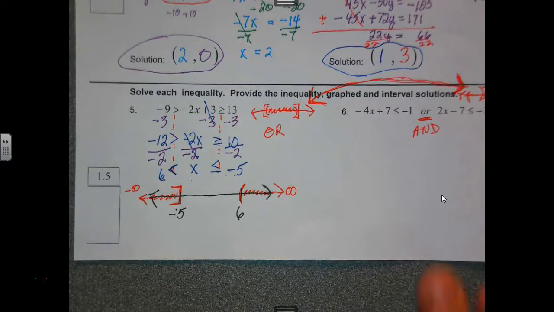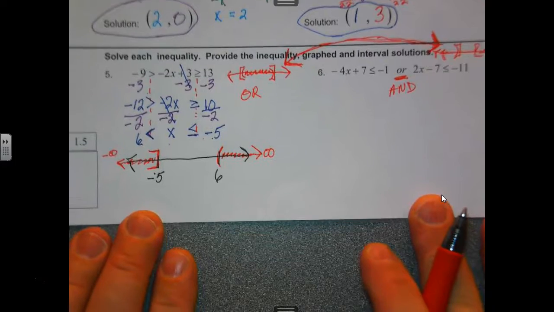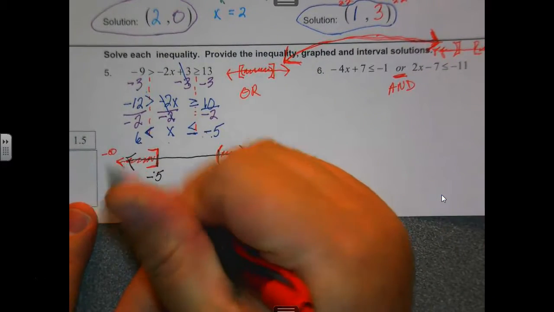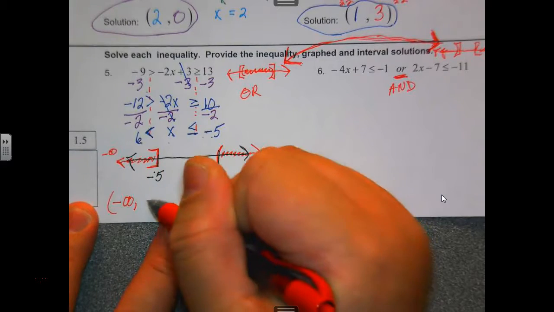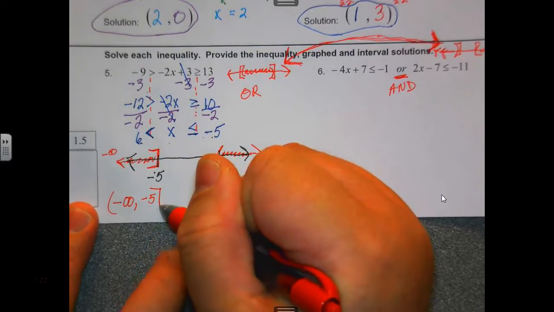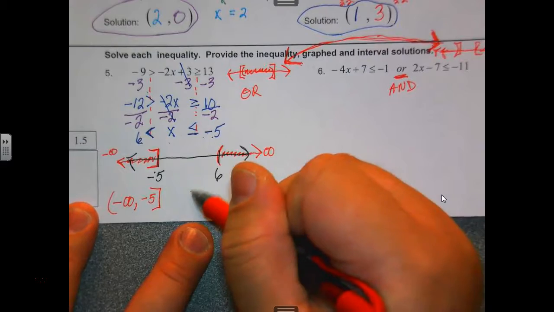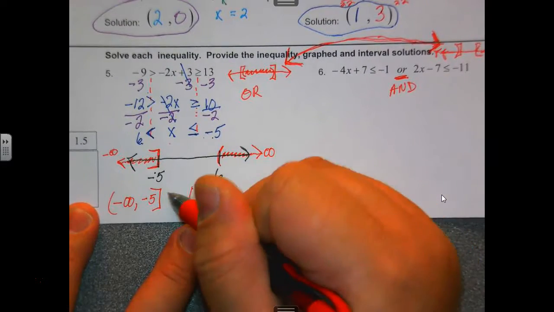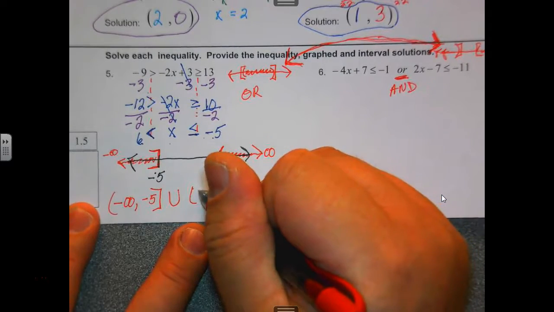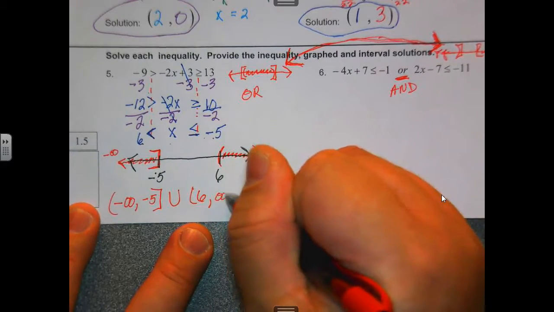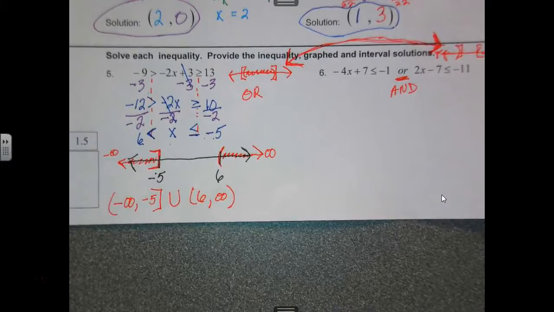Interval notation. Yep, parenthesis. Good. What symbol goes in between? A U. Kind of a U. Okay.